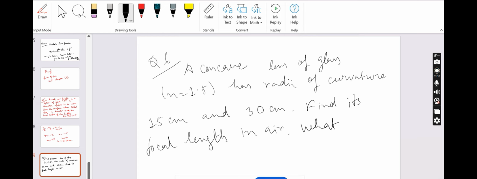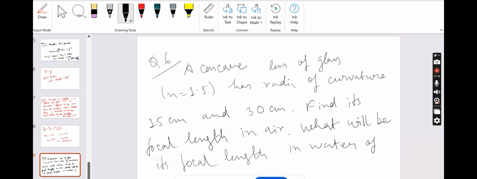What will be its focal length in water of refractive index 4/3?